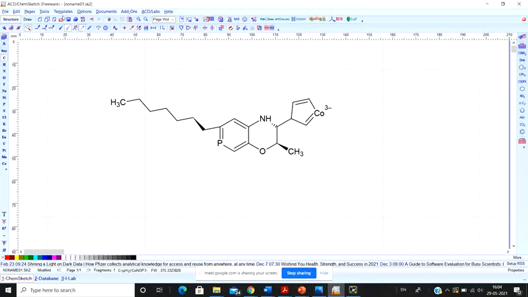Simply select that and it's going to show you a down stereo bond. I need to change it, so select the down stereo bond, click it, and we know that the bold bond is obviously the up stereo bond, whereas the dashed bond is the down stereo bond, and this is the usual scenario.